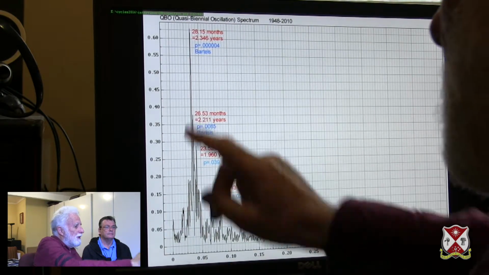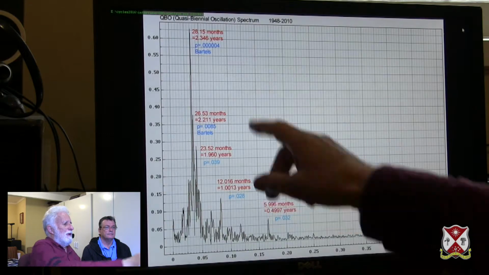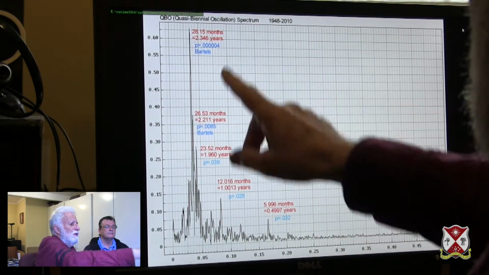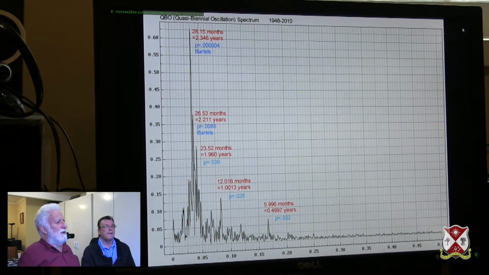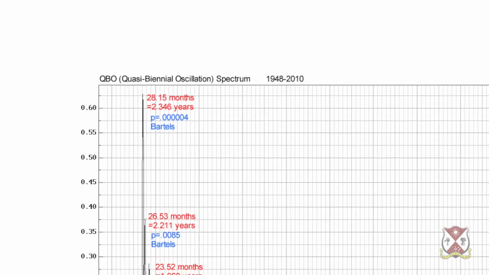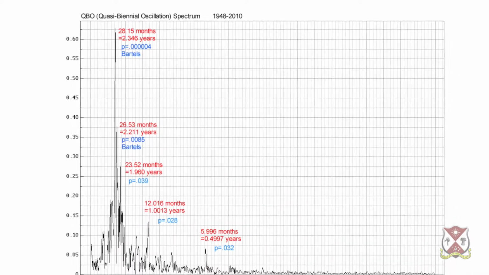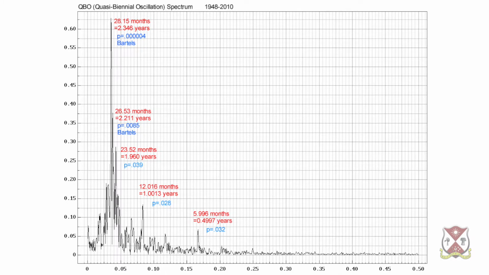So that's probably the cycle that he's got. And then we've got this 2.346 years, which is very highly significant, 0.0004. So we can say this is a very real cycle. It's very regular, it runs pretty much like clockwork. The Quasi Biennial Oscillation, from 1948 to 2010. So that's the summary of those ones.